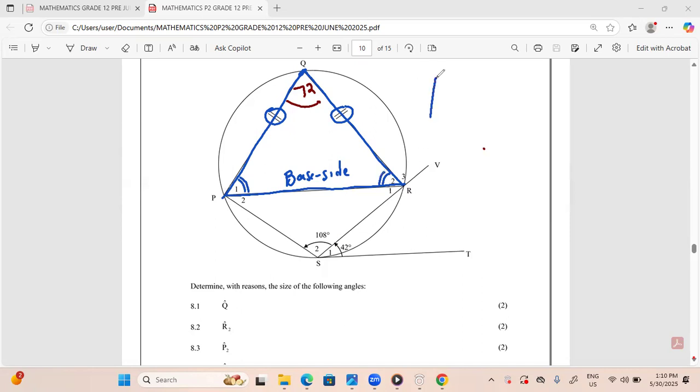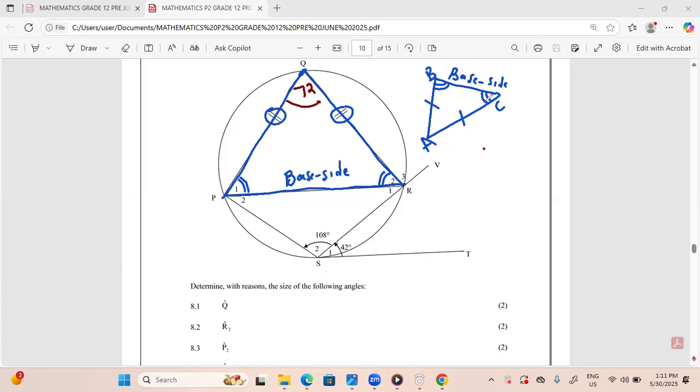Let's say you have a triangle like this one, and we say this is isosceles. Maybe we say AB equals AC. It means this BC is our base side. And the angles seated here on the base side, they are equal. Okay? So it's very easy to identify angles that are equal in an isosceles triangle. And you must be able to do that. You must be able to see two angles that are equal in the isosceles triangle.